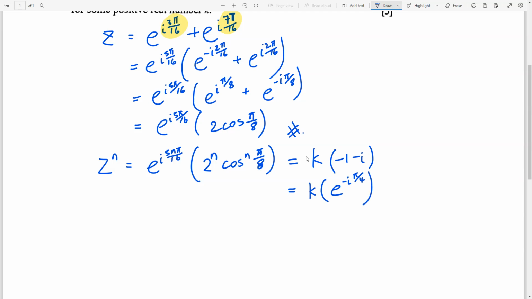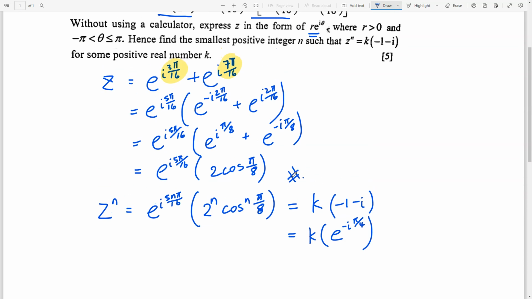So we cannot compare directly. We want to compare your k here and here. This is the k. We also need to find n.